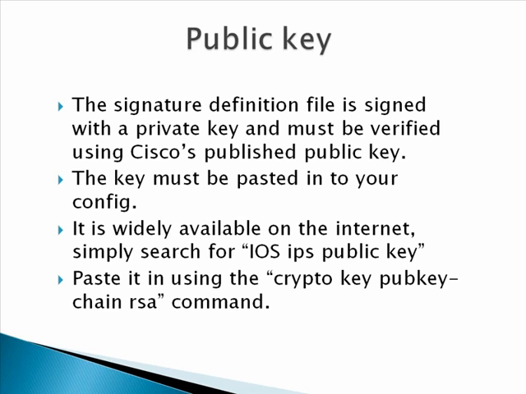So you've got to paste this key into your config. You can find it all over the internet. Like it says there, just go to Google, put in iOS IPS public key, and you'll get exactly what you need to paste into your router.